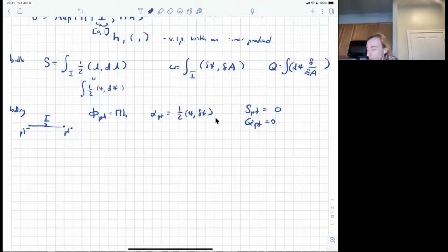This is the classical BV-BFV package. It's a very straightforward exercise to check the axioms here.